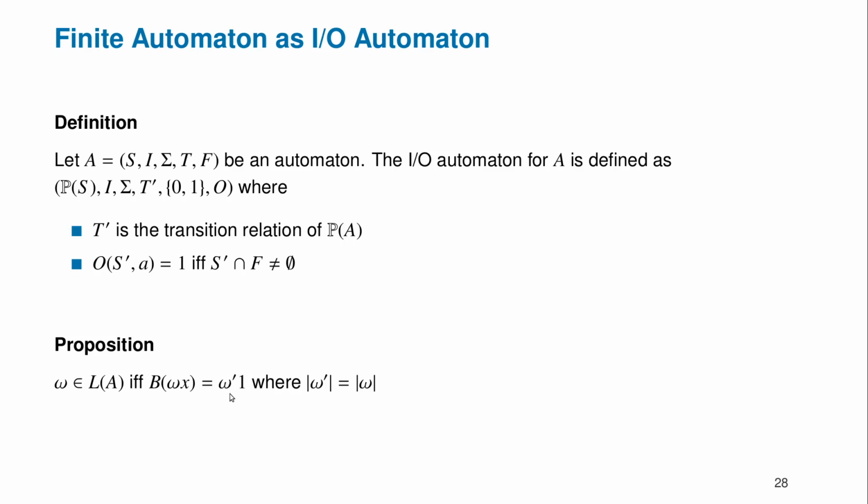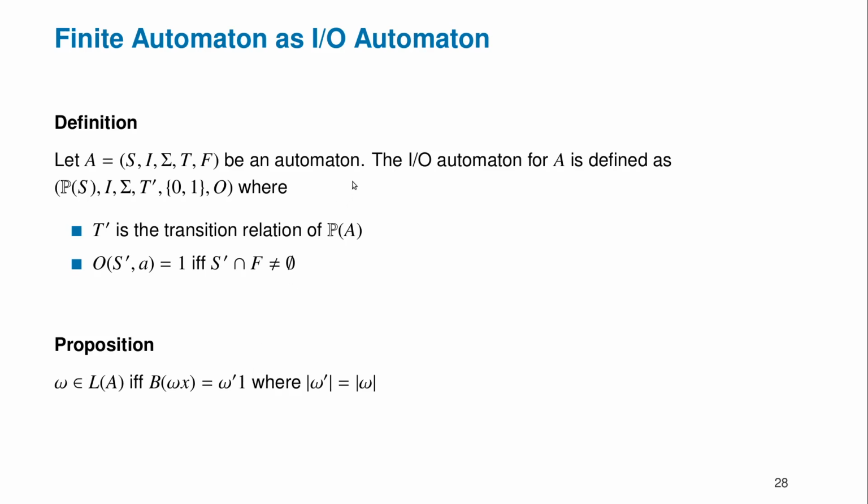We just have a 1 at the end of the word, indicating that the input word omega is in the language of A, and if it's not in the language of A, then the last symbol is simply a 0.